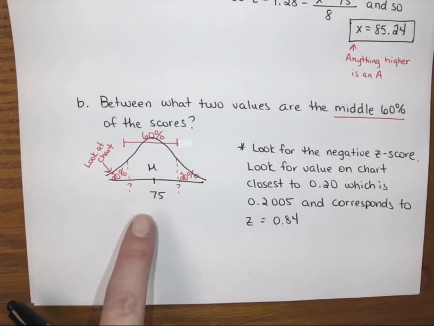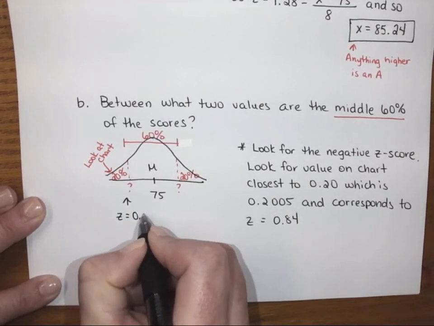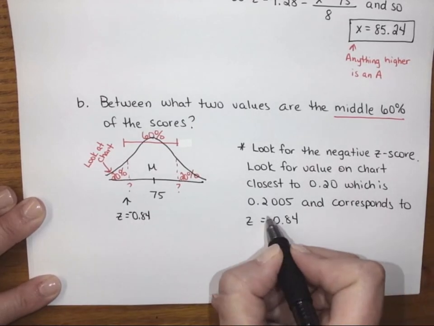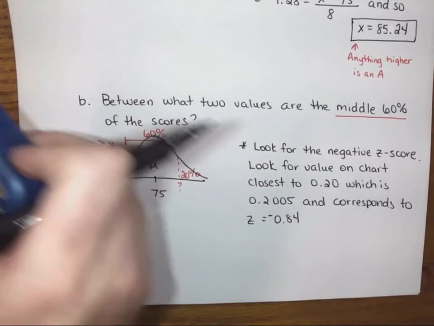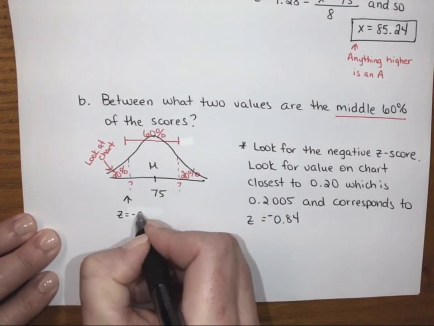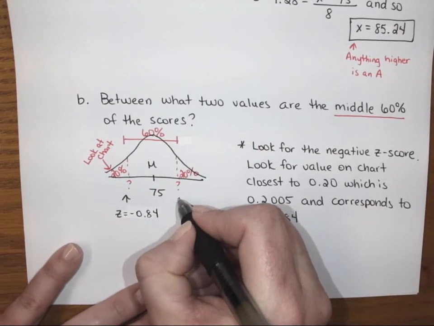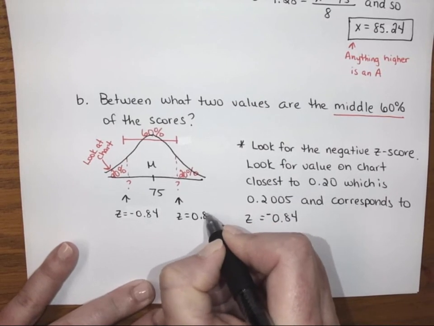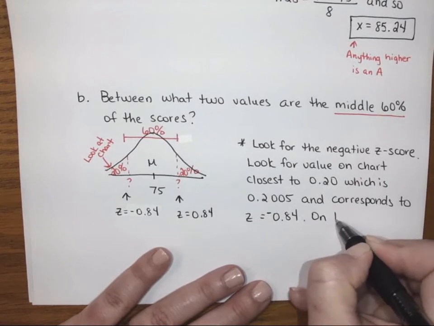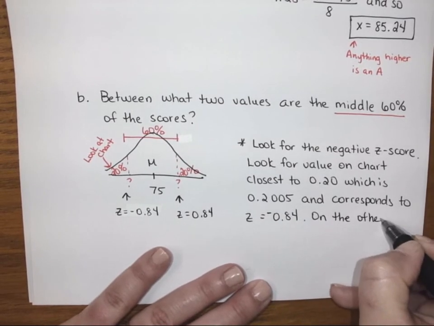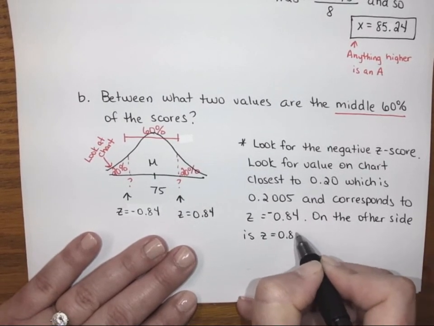The z-score here is 0, so it looks like this has a z-score of 0.84. Sorry, negative. Those should all be negative, which means the positive one has to be the same number, just in the positive direction. So that means this one has to be positive. So on the other side is z equals 0.84 positive.